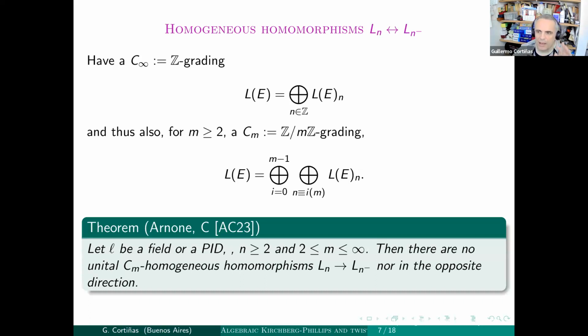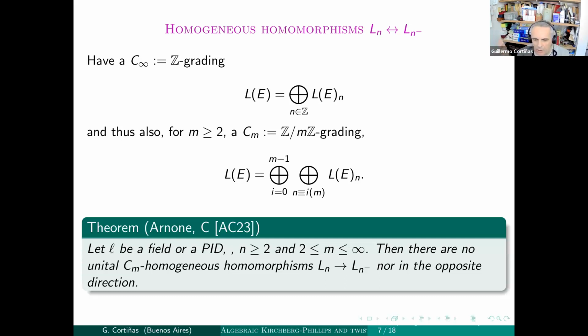Okay, so not only are they not isomorphic, they don't talk to each other. I mean, there is no map between them that preserves the unit at least, and also any of these natural gradings. So of course, this doesn't mean that L_n and L_n minus are not isomorphic.